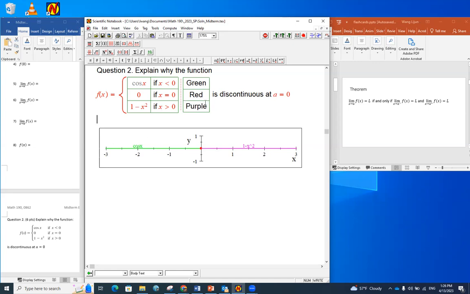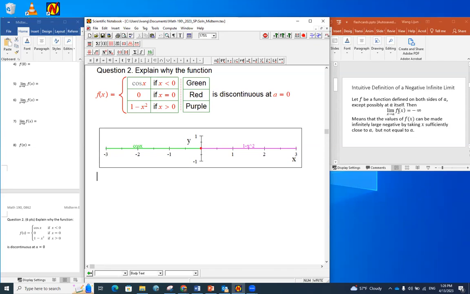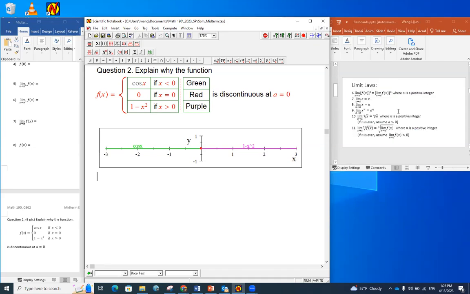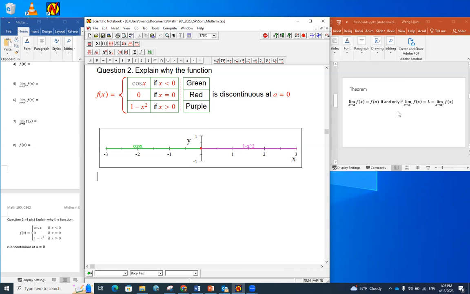At 0 is red, there's only one point. For larger than 0 is 1 minus x squared, the purple. To demonstrate the function is continuous, we're working with the continuous function definition, so we're looking for the definition of continuity.